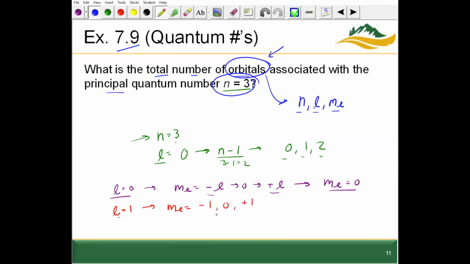Right, because our l value is 1, so those are 3 different possibilities for m sub l. Then let's do l is equal to 2. m sub l can be minus 2, minus 1, 0, 1, and 2. So from this n value, we have 3 different possible l values. Then we wrote out our possible m sub l values given those values for l.